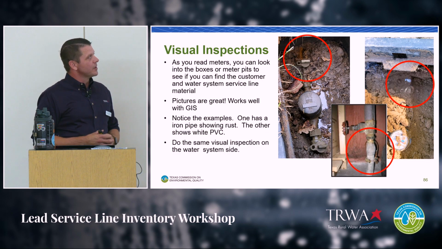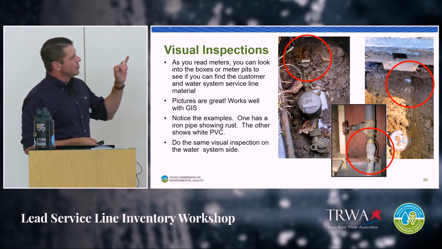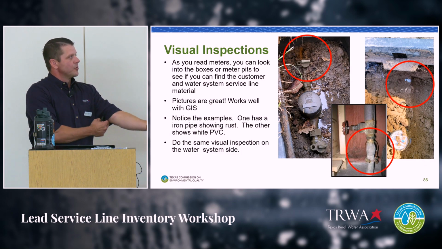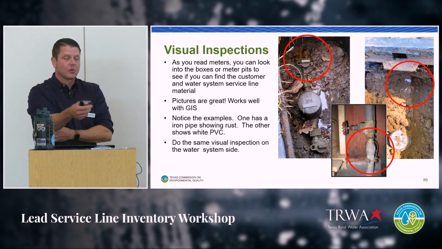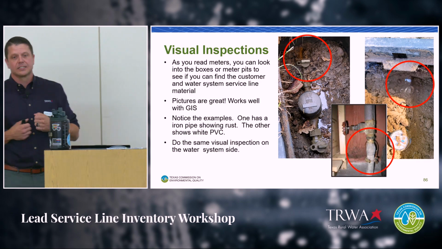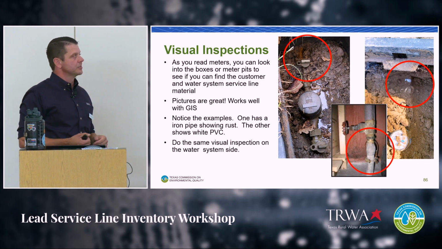If you are still reading meters manually anyway, go through, look at the boxes, see what the materials are made of. That's a visual inspection. We're doing some projects now for mapping work, and as we're doing the mapping, we're digging out the lines on both sides to see if we can verify what type of material is being used.